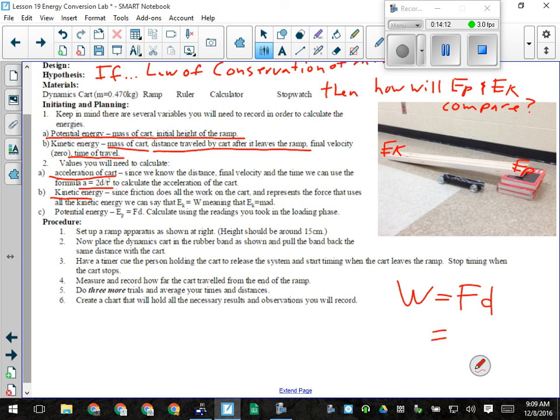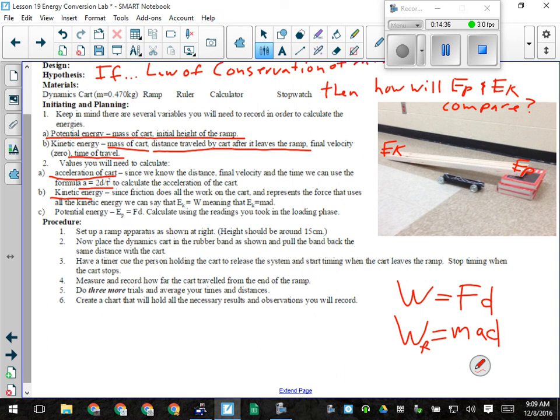It's on your formula sheet. I said we're only going to use this formula one time in this whole unit. Today's the day. Mass times acceleration calculates force. Mass times acceleration times distance calculates the work done against the force of friction, and that will also calculate our kinetic energy. All right, everybody follow there?